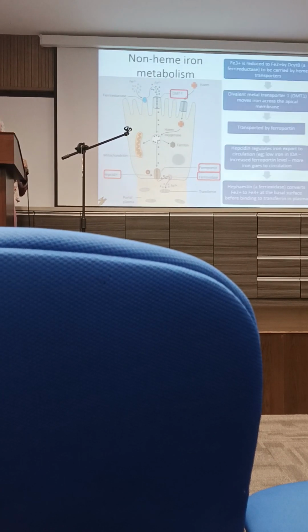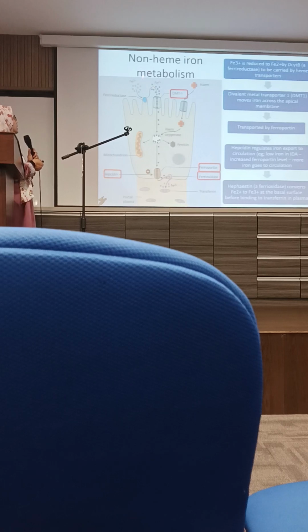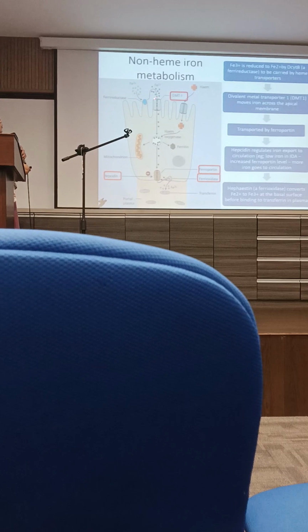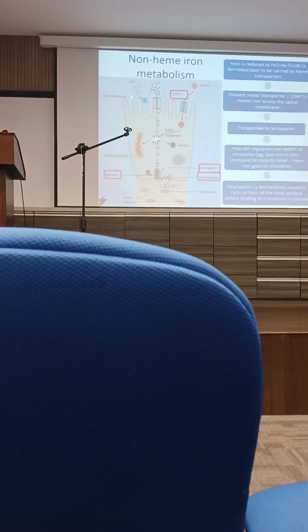Okay. For the non-heme iron metabolism, it is clearer. Your iron in the diet is usually in the form of ferric, Fe3+. So it needs to be reduced to Fe2+ by duodenal cytochrome B, which is a ferric reductase.